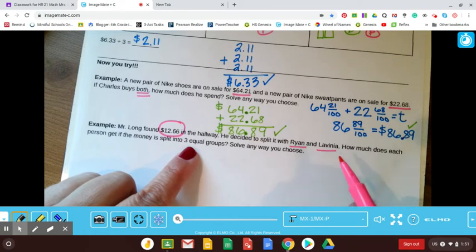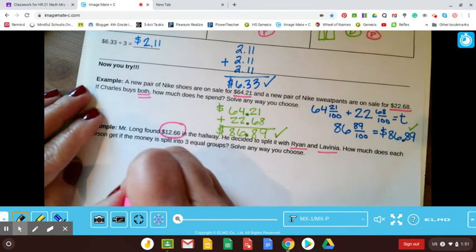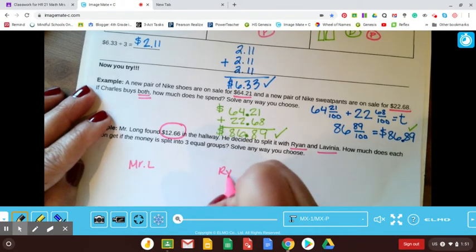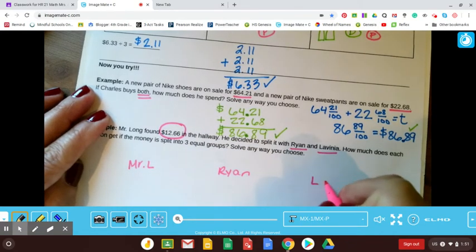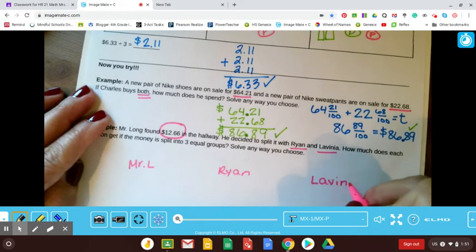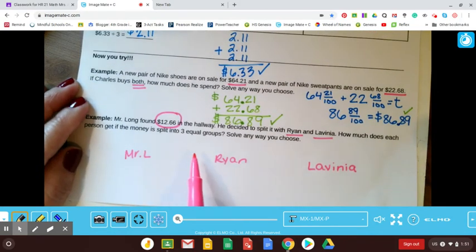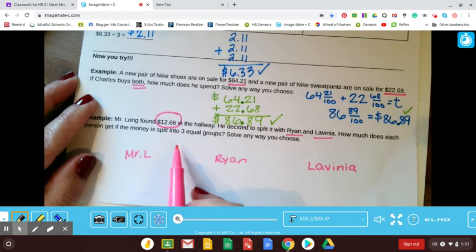And so I can think about this, right? I have Mr. Long, I have Ryan, and I have Lavinia. So I can use a little bit of division in my thought process here.